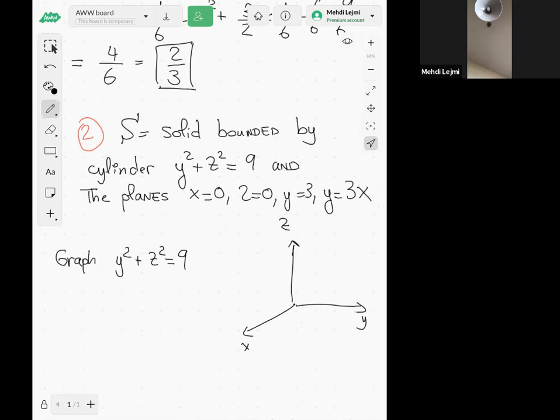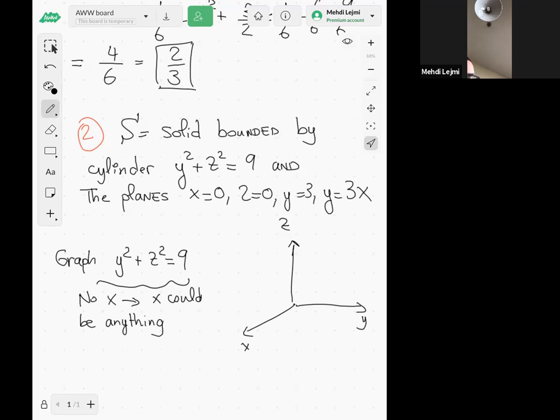It looks like a circle of radius 3, but in 3-dimensional space, because we have 3 variables, it's not just a circle. There's no X here. If there's no X, it means that X could be anything, any number.